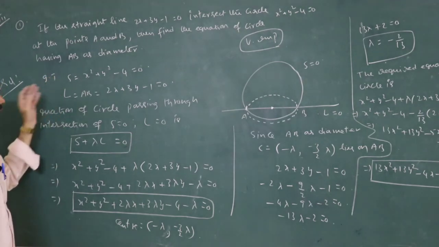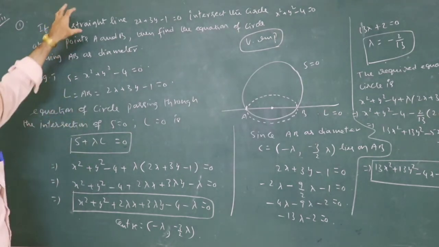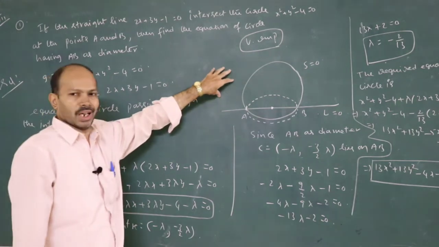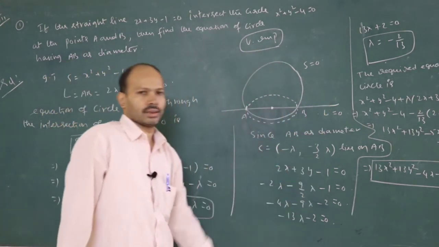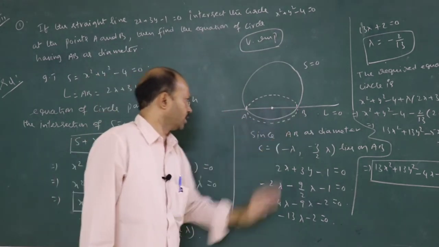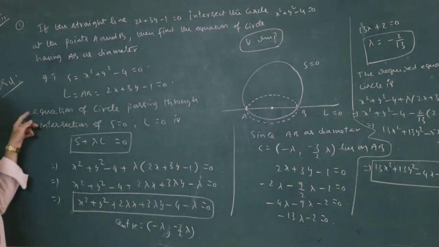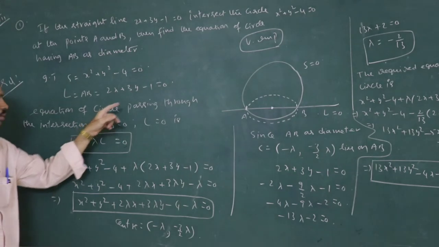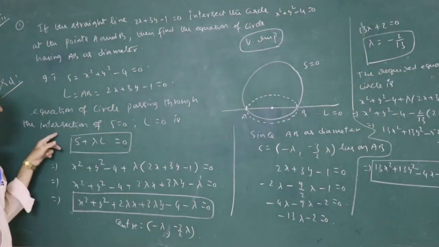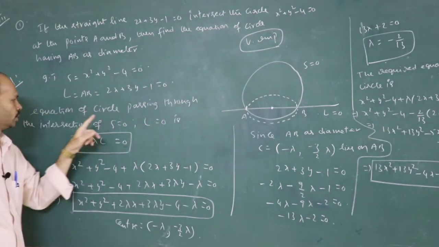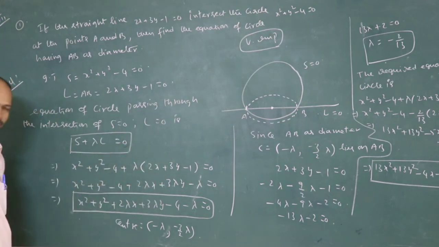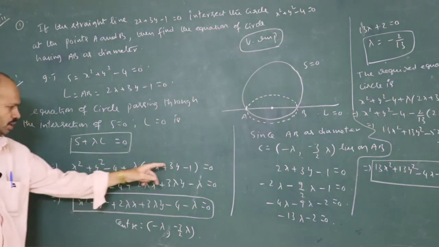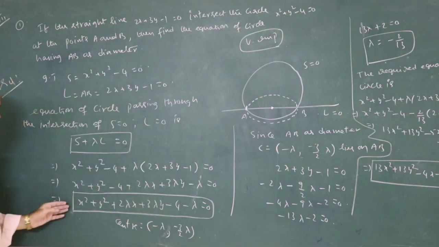Consider S is equal to 0, L is equal to 0. The diagram should be like this: a circle intersected by line L at two different points A and B. We know that the equation of circle passing through the intersection of S and L is S plus lambda L is equal to 0.